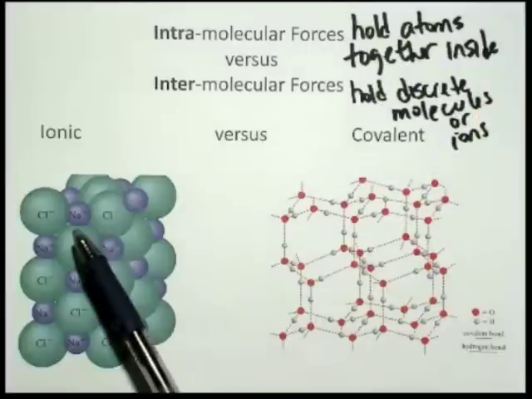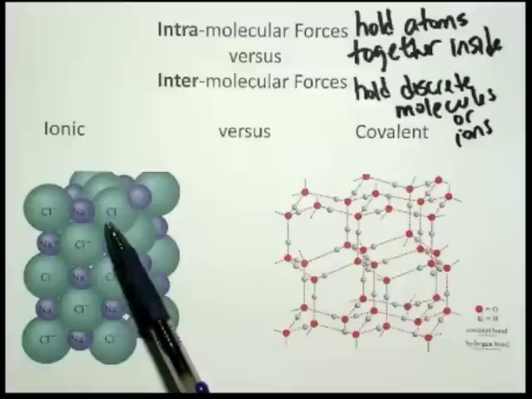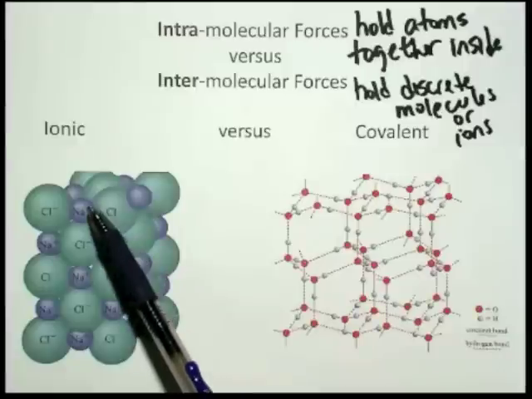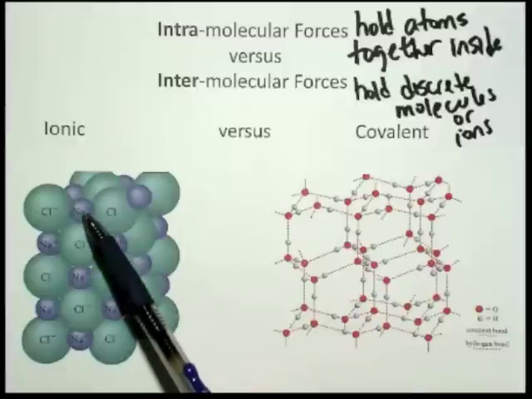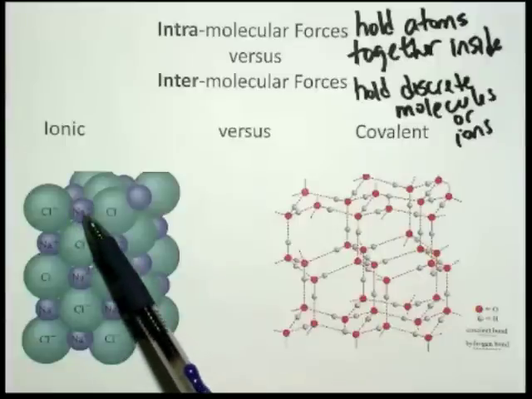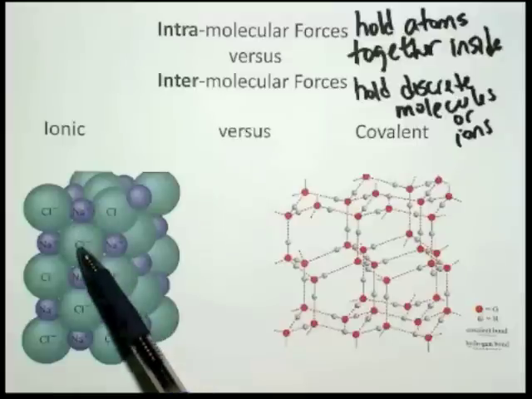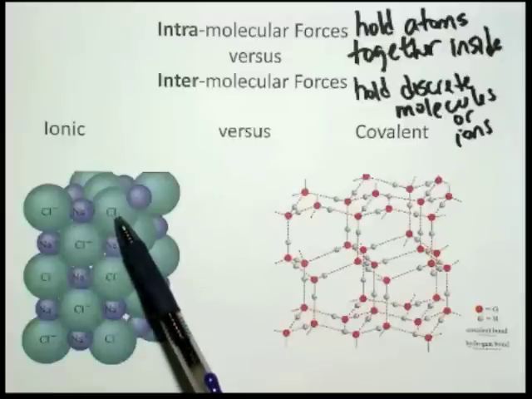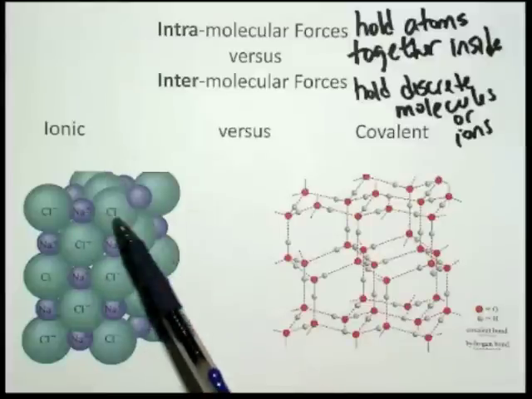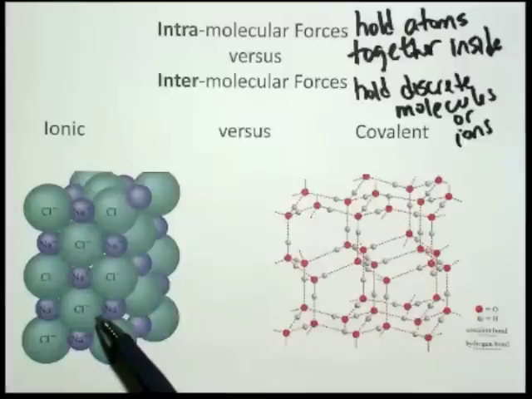Now, as it turns out, we call the attractive force between ions in an ionic compound ionic bonds. But we're going to come to realize that since the sodium and the chloride ions are discrete, if you melt this, or dissolve this in something, or put it into a gas phase, you're going to end up with discrete sodium ions and chloride anions anytime you separate the crystalline structure.